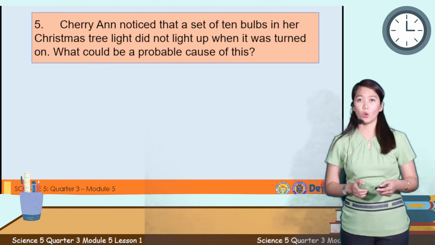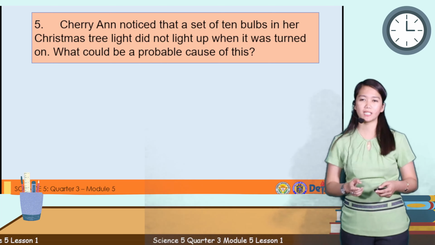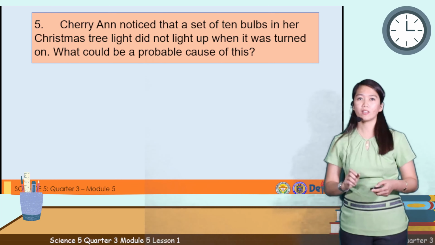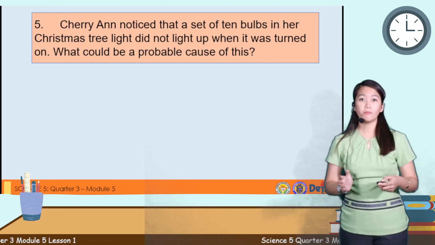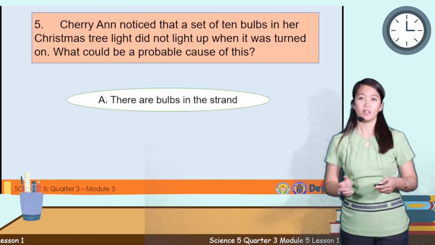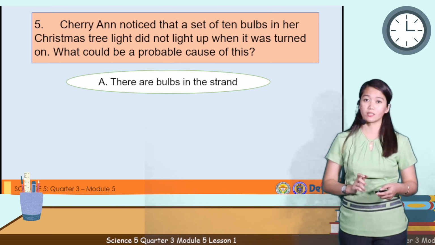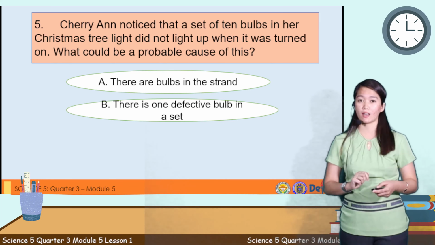How about the last one? Cherry Ann noticed that a set of 10 bulbs in her Christmas tree light did not light up when it was turned on. What could be a probable cause of this? Letter A. There are bulbs in the strand. B. There is one defective bulb in a set.